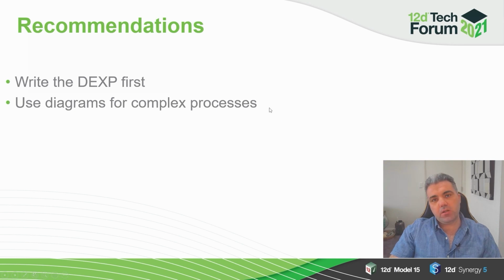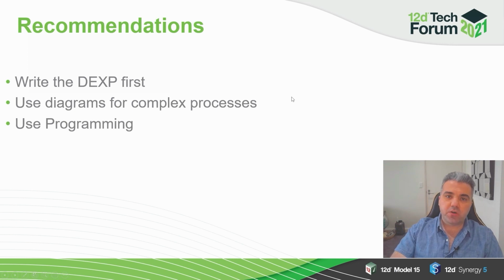As you see as well, I've used a few diagrams to show a complex process, and it's easy to show it to non-technical people so they understand what you're doing. The third thing is use programming. As you can see, I've automated making all these polygons in one chain.